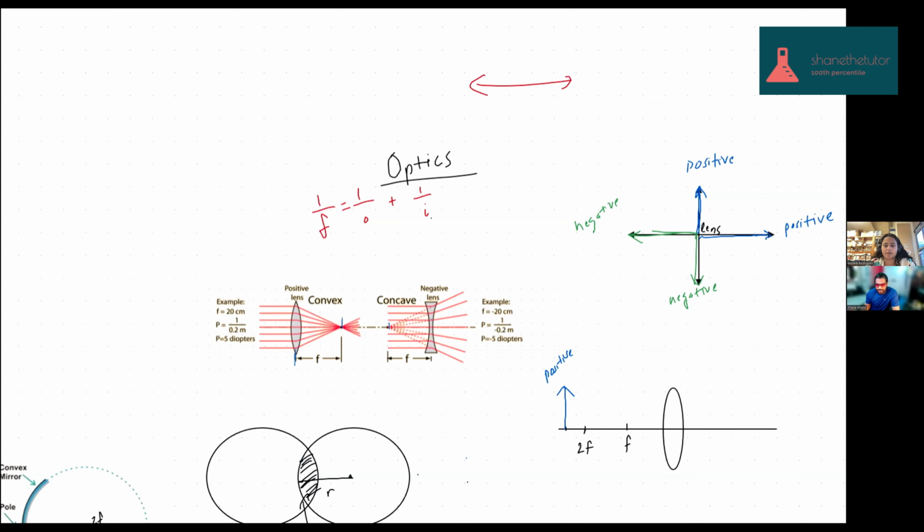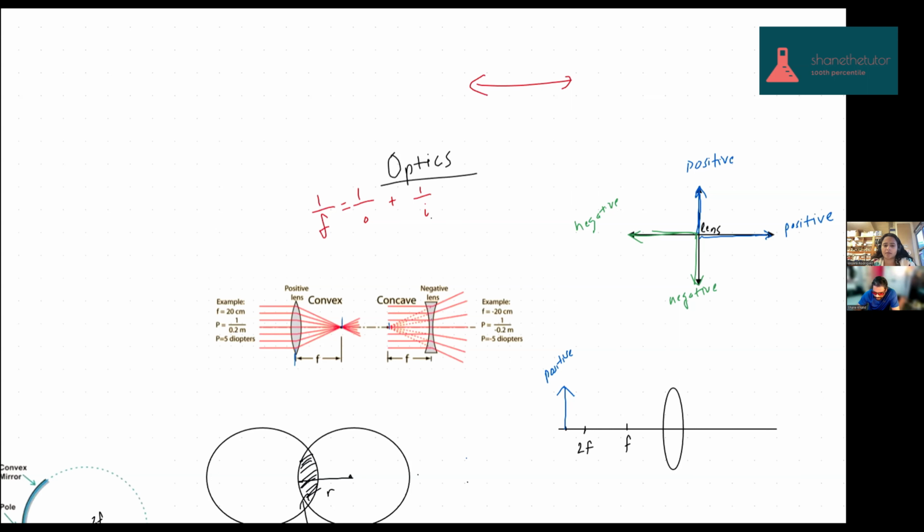That's what's meant by that. The other one is magnification, which is negative image distance over object distance. What that means is that if your object is upright, that will be positive. If it's upside down, it'll be negative. That's just what those conventions mean.